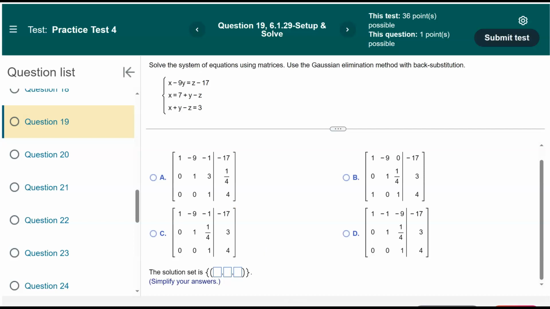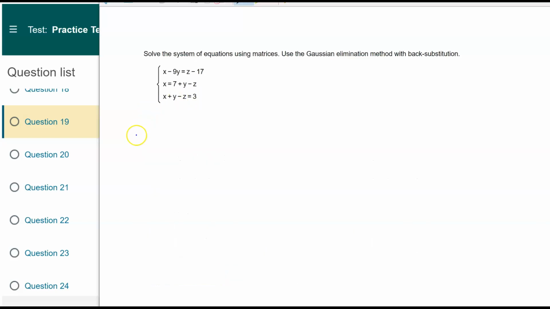To do that, we first write the augmented matrix that represents the system. We have to make sure to write this in the right format. The first column holds the coefficients of X. So we would write the first equation as X minus 9Y minus Z equal to negative 17. The second equation is X minus Y plus Z equal to 7.